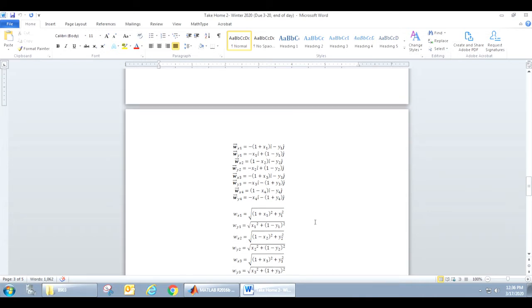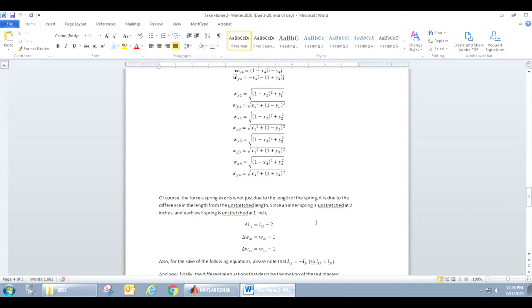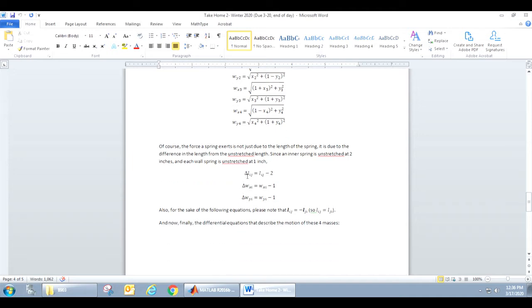L vector is the vector that goes from one position to another. I give you the change in length, considering the fact that the springs have an unstretched length of 2. So you must subtract 2 from them. All these things are relevant for the calculation.